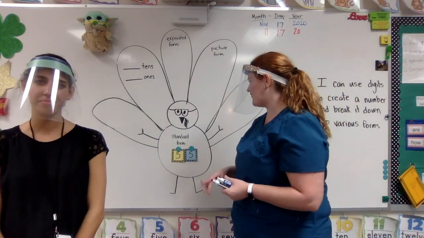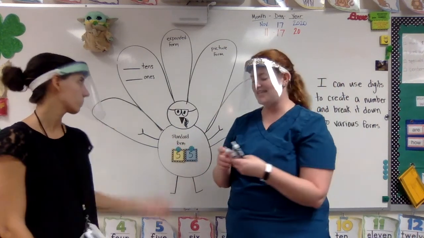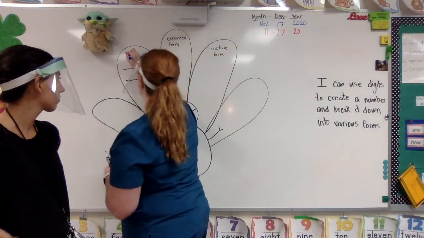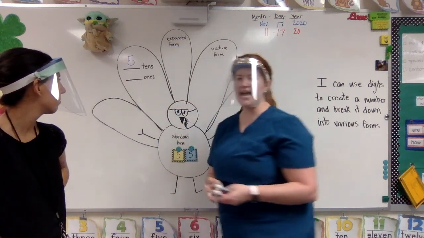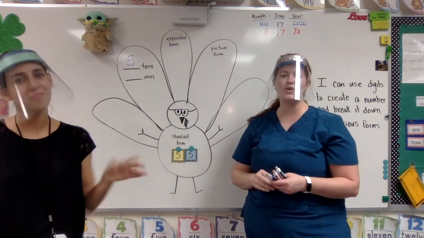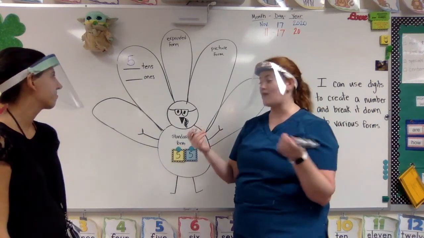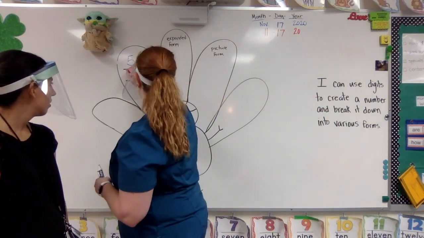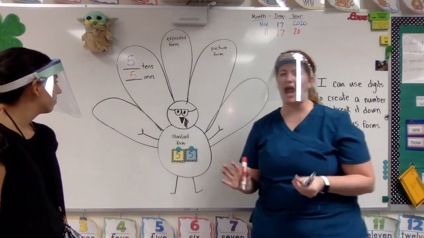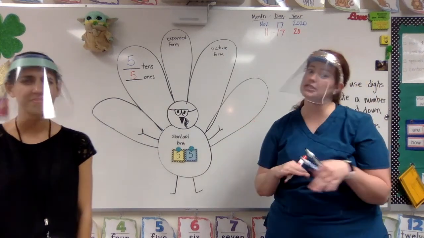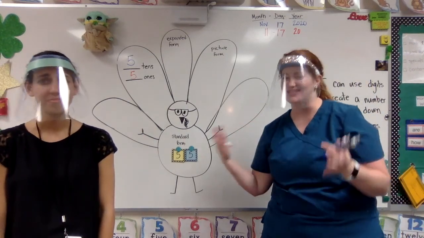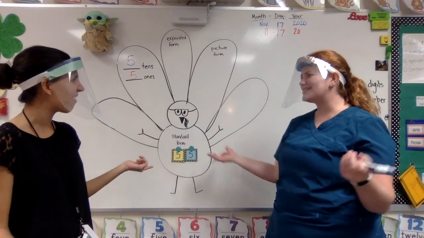Well, let's see. 55. I have a 5 in the tens, so I have 5 tens. And I have a 5 in the ones, so I also have 5 ones. But I know we've been practicing. I know expanded form is not going to be 5 plus 5. That would equal 10. That's not right.